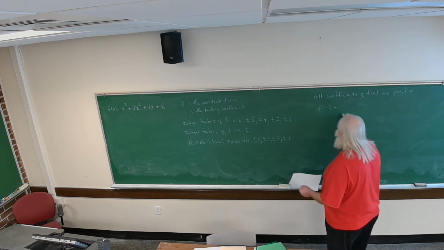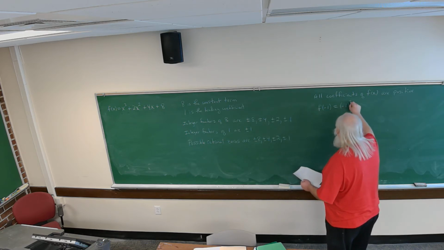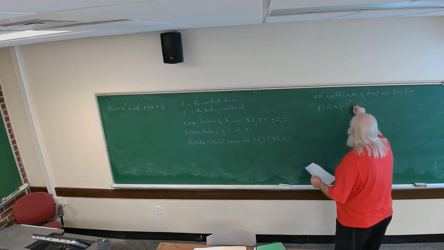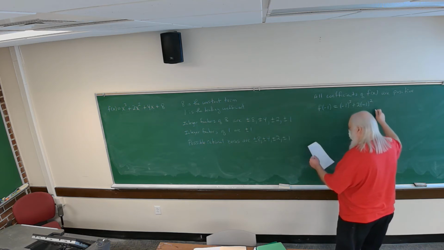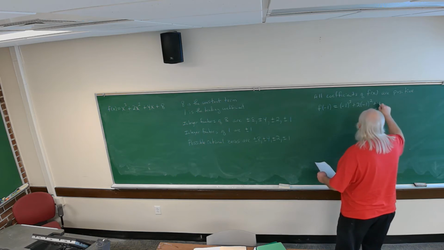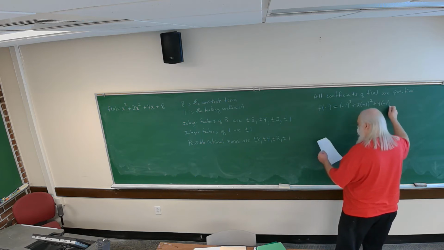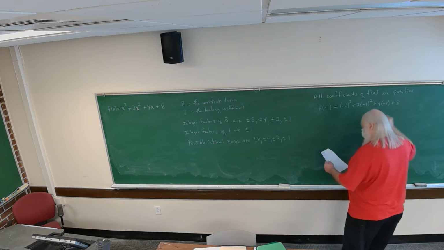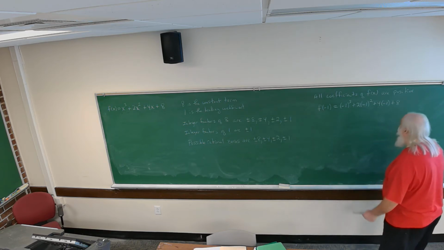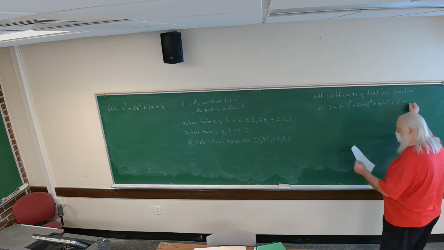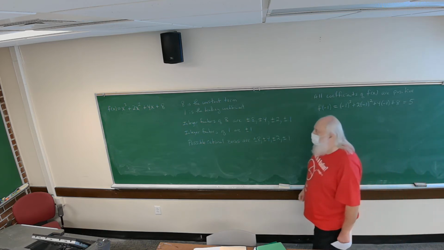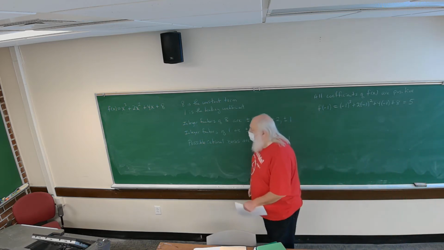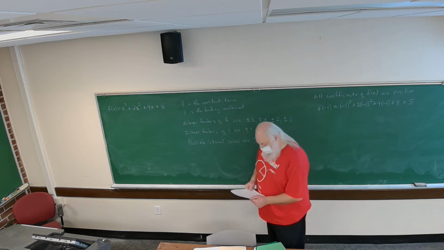And so you have -1 cubed plus 2 times -1 squared plus 4 times -1 plus 8. And when I did the arithmetic, I got plus 5. So x equals -1 doesn't work. x equals -1 is not a 0.